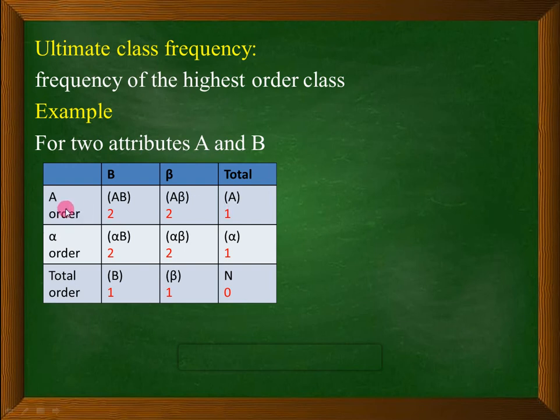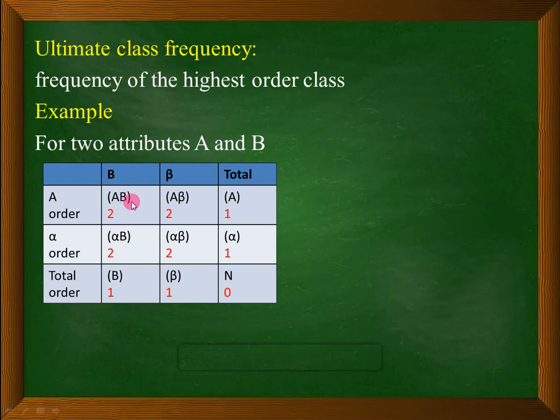Bracketed A is the class frequency of class A, bracketed alpha is class frequency of alpha, bracketed B is class frequency of B, bracketed beta is class frequency of beta. In bracket AB is the class frequency of the class AB. It is the class frequency of class A beta. Alpha B in bracket is the class frequency of class alpha B.